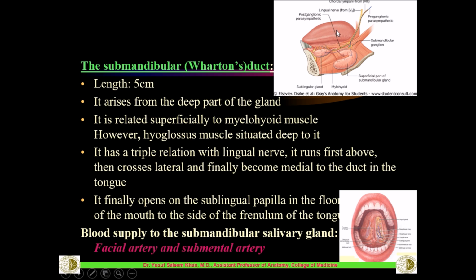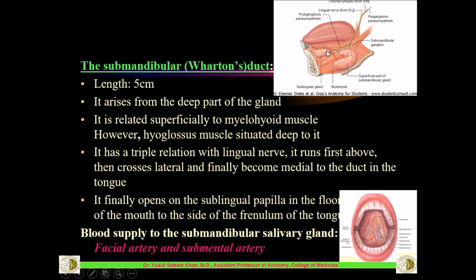It has a triple relation with the lingual nerve. Here you can see the lingual nerve running down and supplying the tongue. So this duct has a triple relation. You can see it arching, going initially laterally, then medially. It runs first above, then crosses laterally, and finally becomes medial to the duct in the tongue.